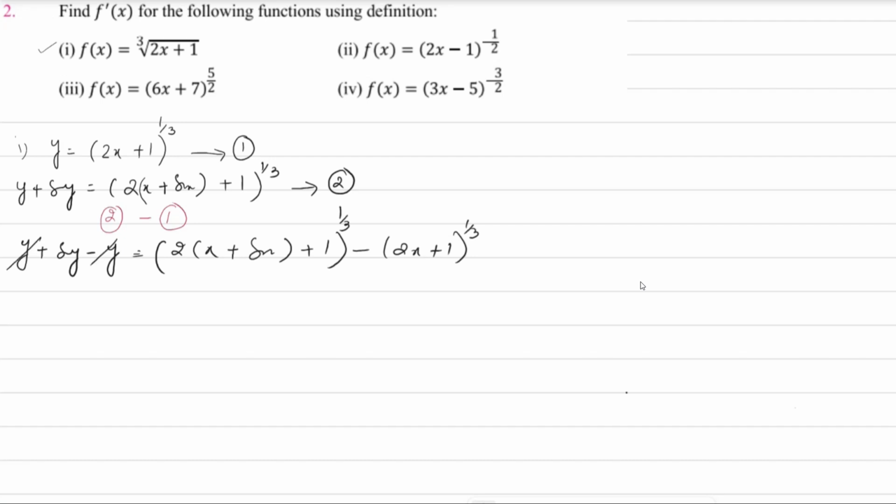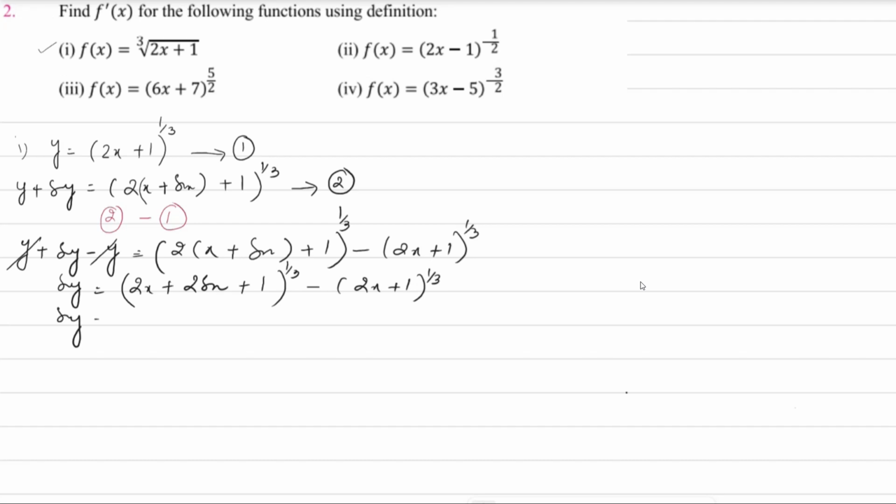So this y will be cancelled with y, and delta y is equal to 2x plus 2 delta x plus 1 whole raised to the power 1 upon 3 minus 2x plus 1 whole raised to the power 1 upon 3.